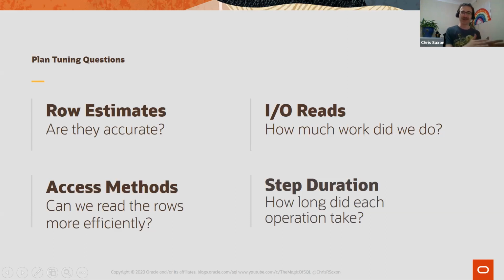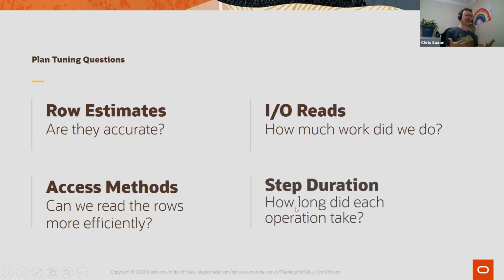If you manage to do those things, the consequence is you get there quicker. We reduce the time. Same with plan tuning. If we improve the row estimates so we get a better route through the plan, reduce the work that we're doing, possibly by creating better access methods, we can reduce the time it takes to execute the query and everything's good. But ultimately, like I say, how long it takes is the thing that really matters.